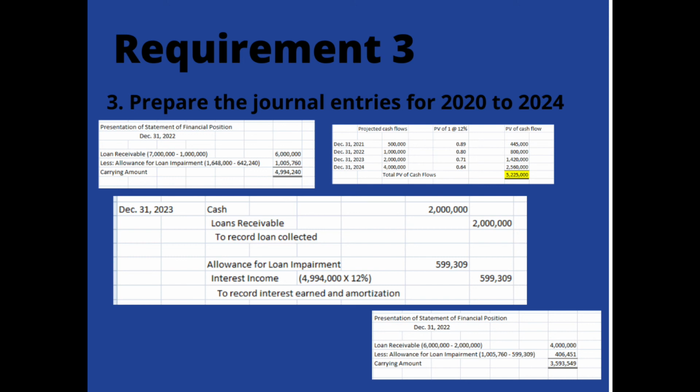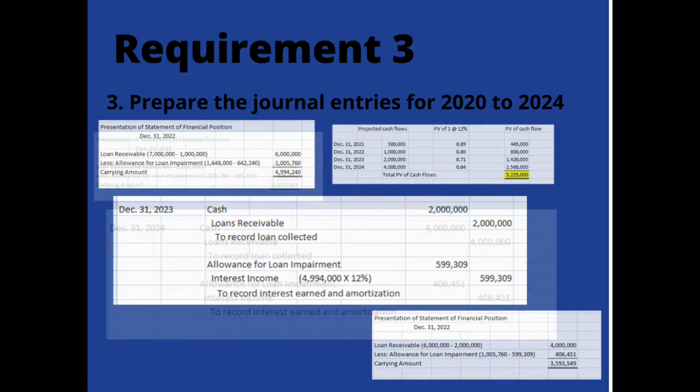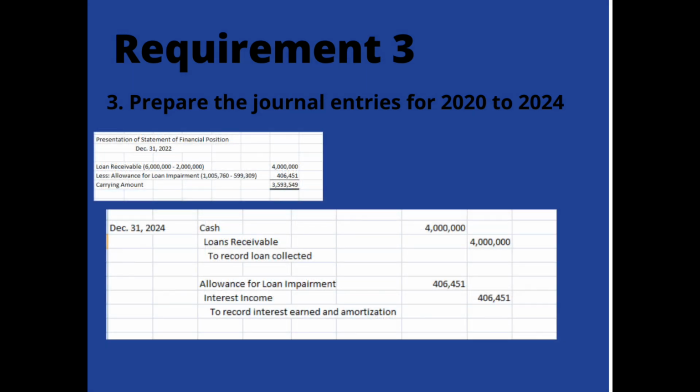and the collection of loan receivable amounting to 2 million. Again, the presentation of the statement of financial position is created as a guide and is also optional. Now, for the journal entries of 2024, the same journal entries but a different process.